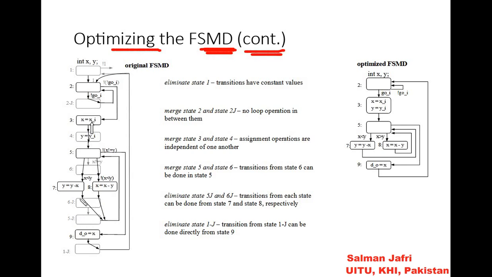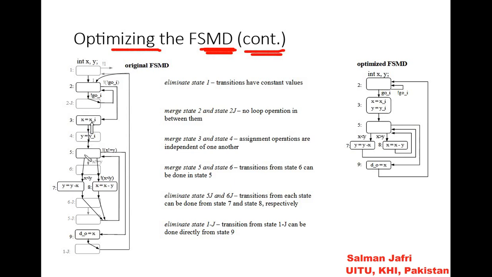We can directly move from state 7 to state 5. Similarly, we could move directly from state 8 to state 5. So we eliminate 5j and we eliminate 6j. So what do we get? From state 7 we move to state 5, and from state 8 again we move to state 5.